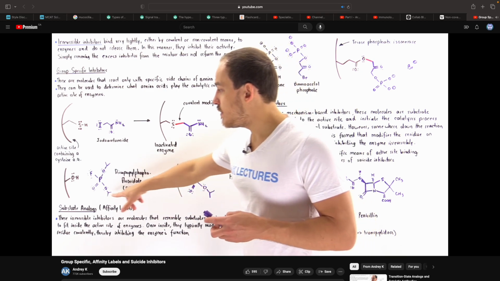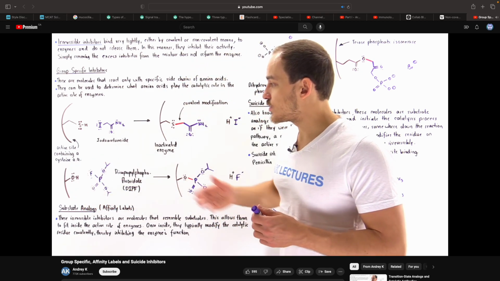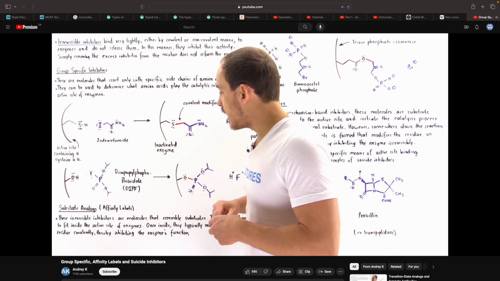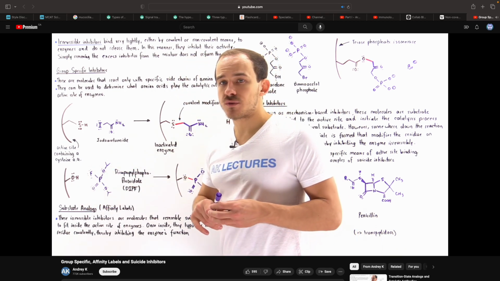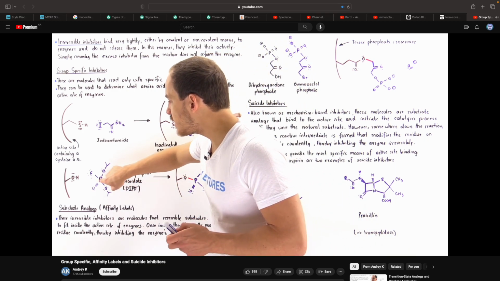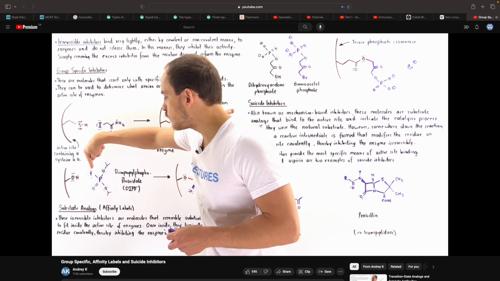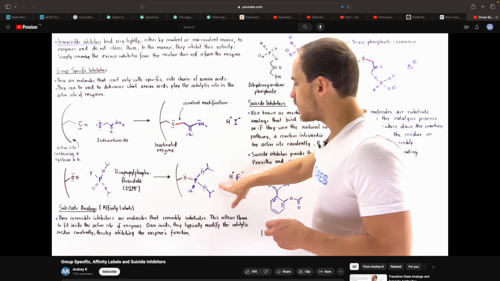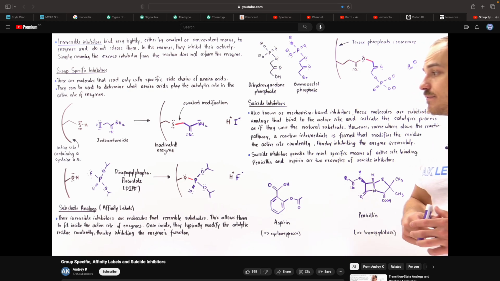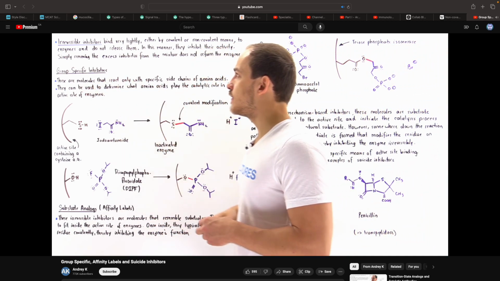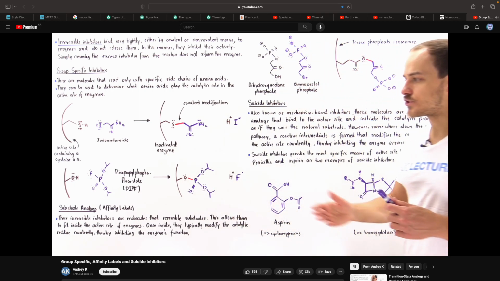If we mix an enzyme containing an active site serine with this diisopropyl phosphofluoridate, it will form a covalent bond between this phosphorus and this oxygen, and that will kick off the fluoride and also that H to form the following covalent modification. And so these are two examples of group-specific irreversible inhibitors.